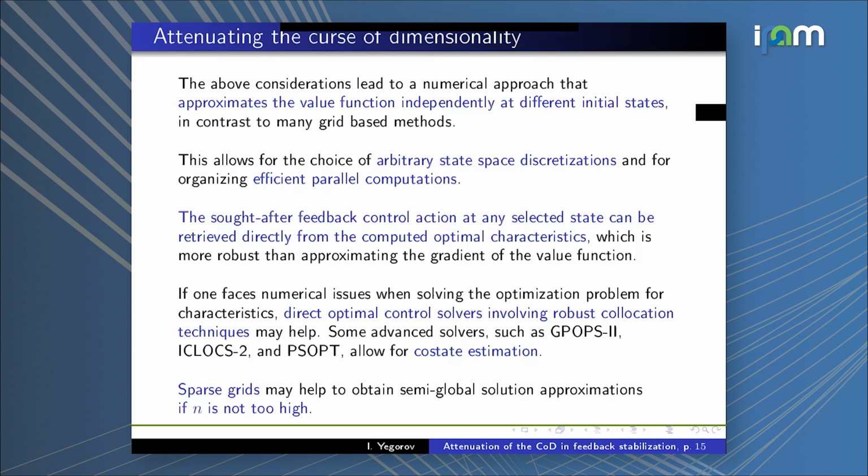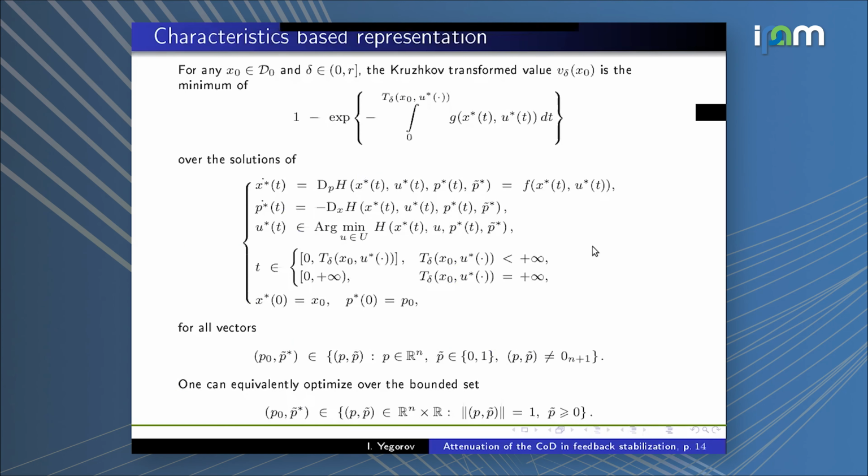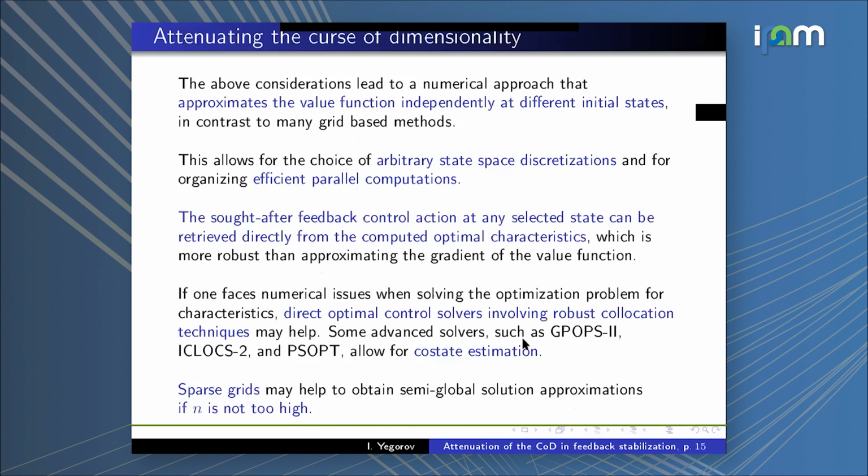Also, I have to say that if we work with characteristics, if we work with this system, it may be quite unstable with respect to the initial condition. If we can find an appropriate P0, then yes, it's very accurate and very good. But sometimes we don't know how to find an appropriate initial guess. So in this case, we can use so-called direct optimal control solvers. Direct means that we don't use any Pontryagin's principle.